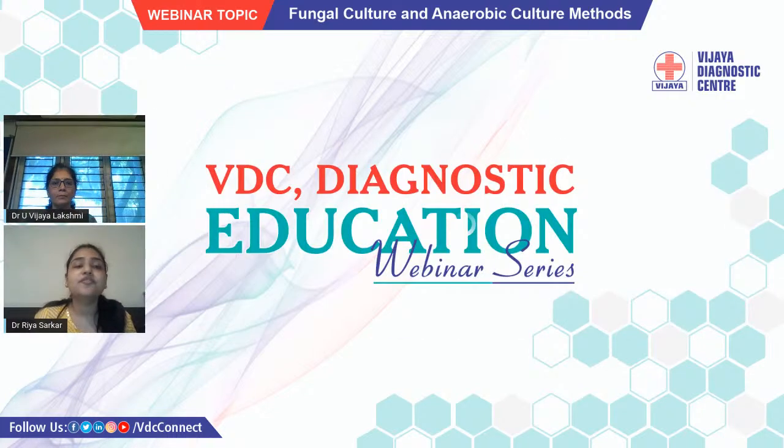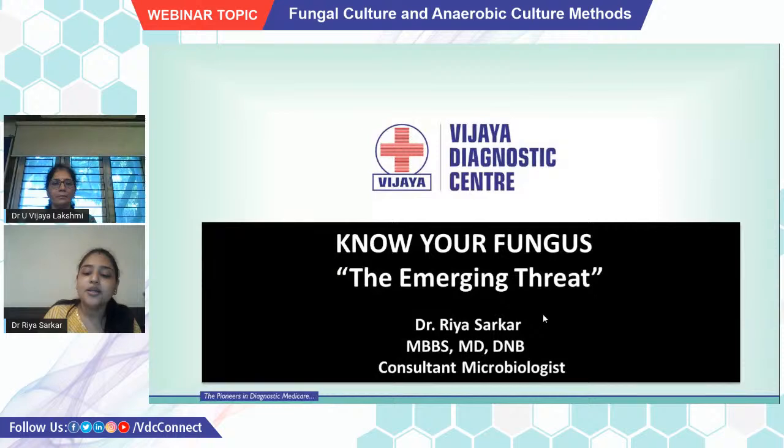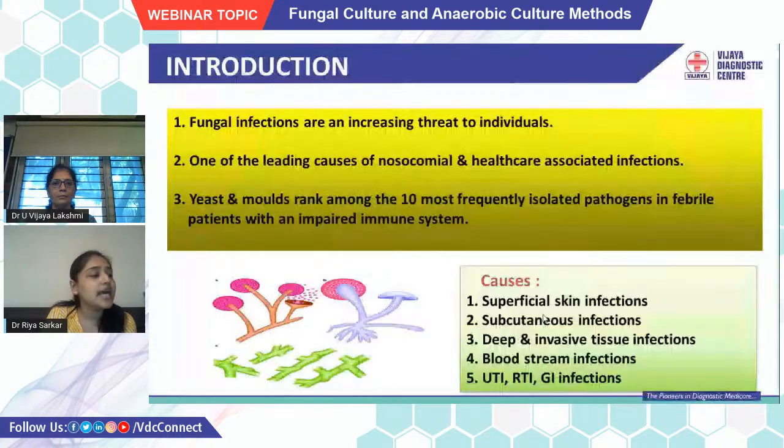I start with the fungal culture methods. Now, fungus, as we call them the emerging threat, is one of the leading causes of nosocomial and healthcare associated infections. It is said that fungal pathogens rank among the top 10 most frequently isolated pathogens in febrile patients with immunocompromised status.